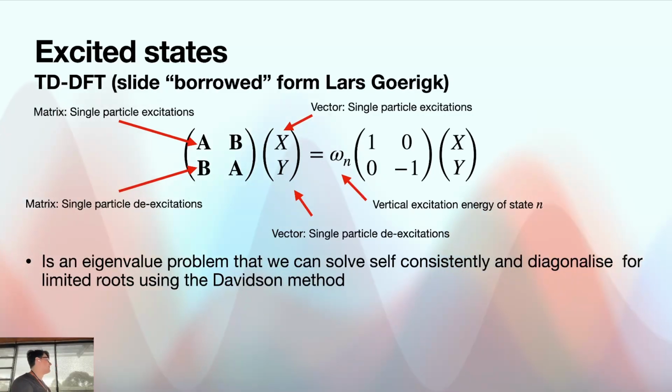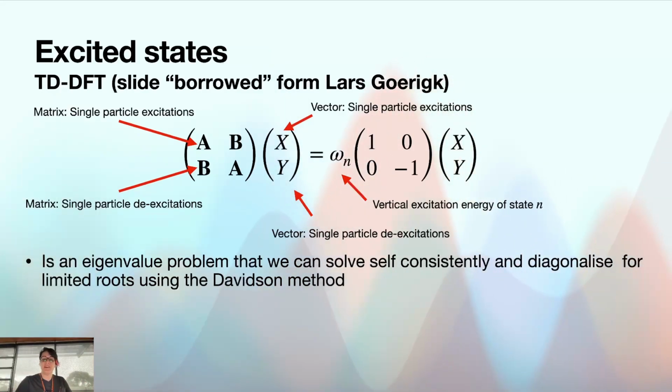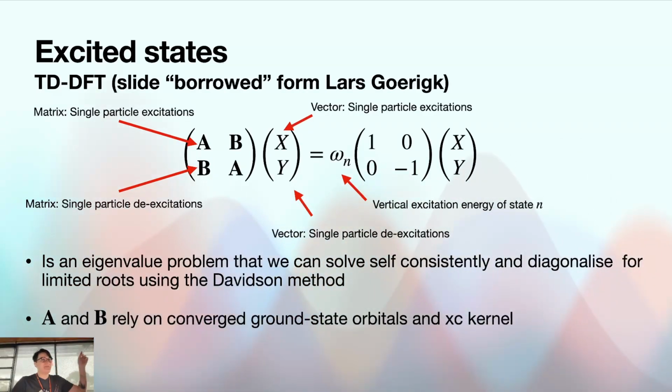So you might want to only get the first 4 roots, as opposed to diagonalizing and getting every single eigenvalue, which could be ridiculously expensive. So there are ways to get cheaper calculations, and the fewer roots you solve for, the less time your calculation will cost. And yes, Carter, I did borrow this from Lars's talk on Friday.